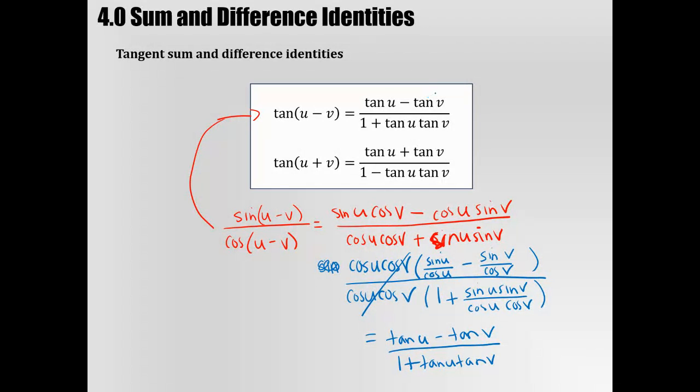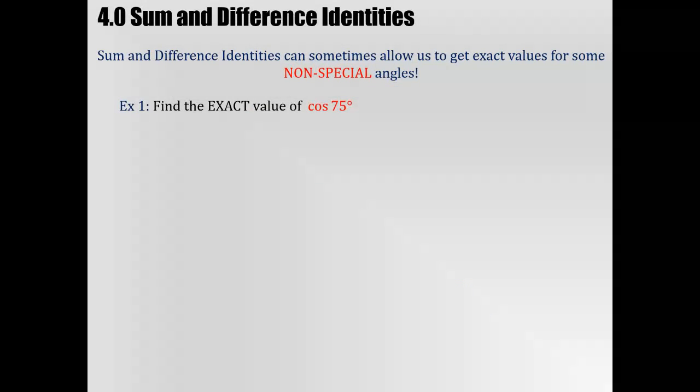And oh, look, that's that identity right there, right? So if you can come up with that. I think the ones that are very important that you know and can work with are sine and cosine, right? So let's see how this comes up.